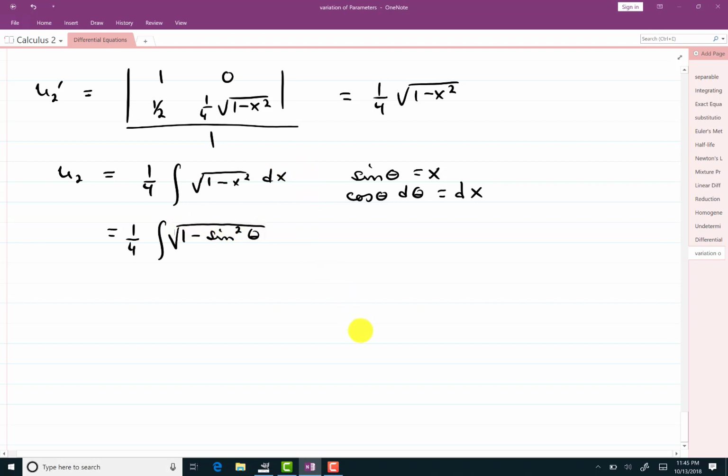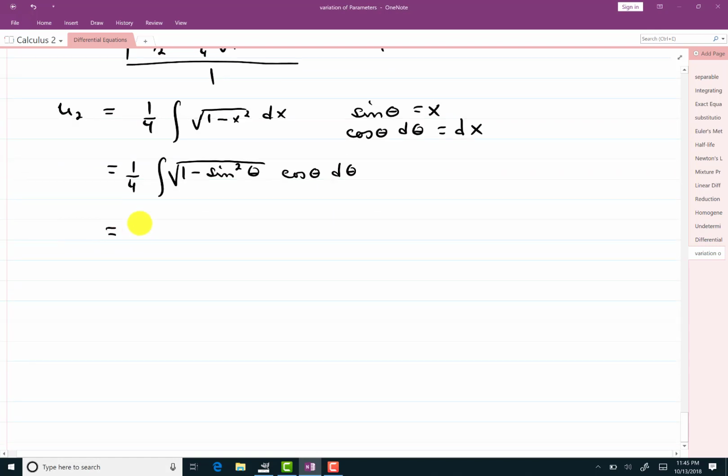Instead of dx, you're going to have cosine theta d theta. Now this 1 minus sine squared is cosine squared of theta. When you take the square root, you technically get the absolute value of cosine, but we don't know where we're integrating, so I'm just going to stick with the positive version of that. And I'll end up with cosine squared of theta d theta.